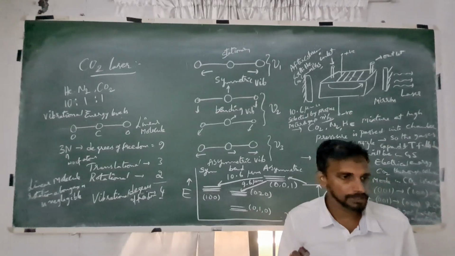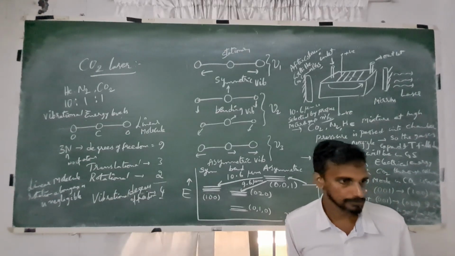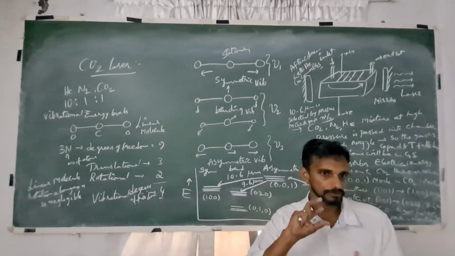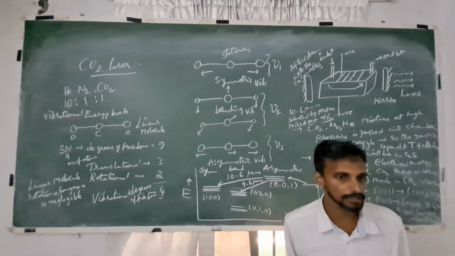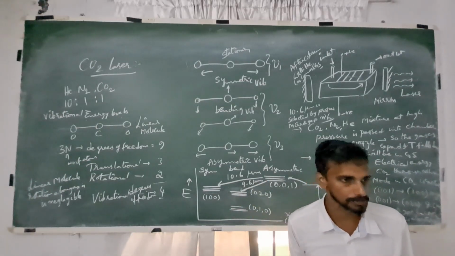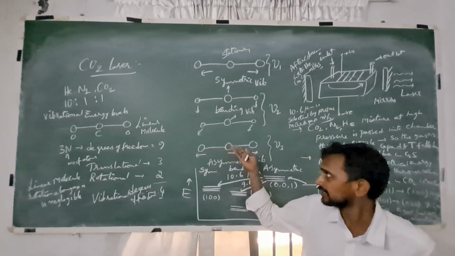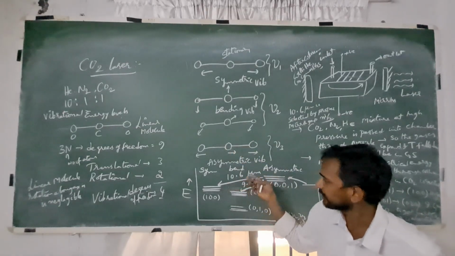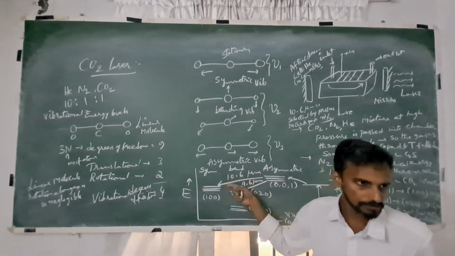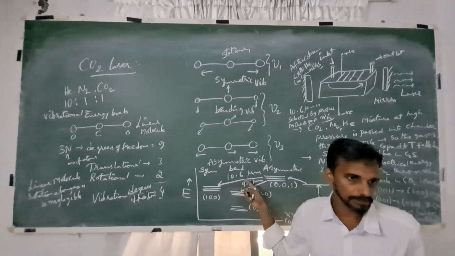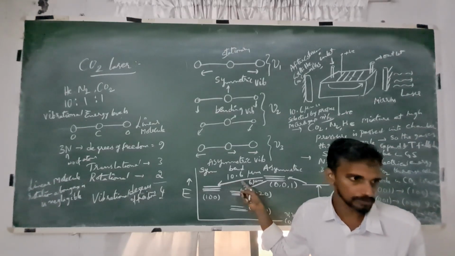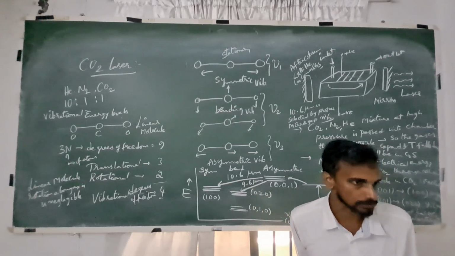And rotation is an even easier task. Instead of vibrating a molecule, if you rotate it, it is even easier. That comes under the microwave region. So what is this 10.6 micrometers? If you consider it in angstroms, it is 10,600 angstroms.